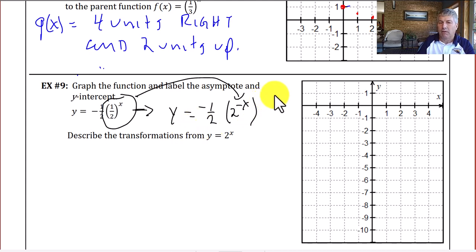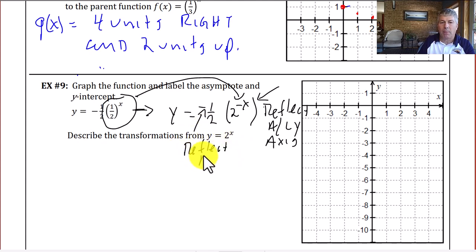So the -x here is a reflection across the y. And this -1/2 here, that's a reflection across the x.